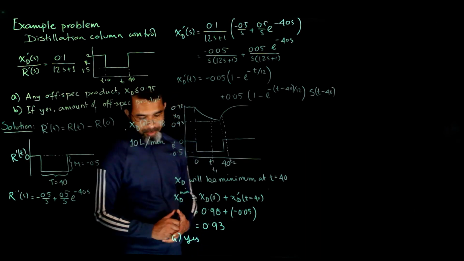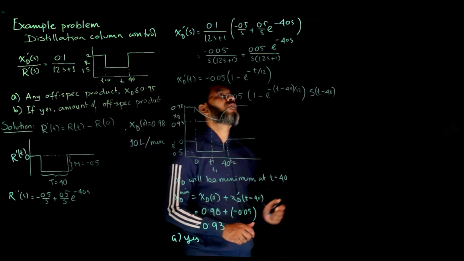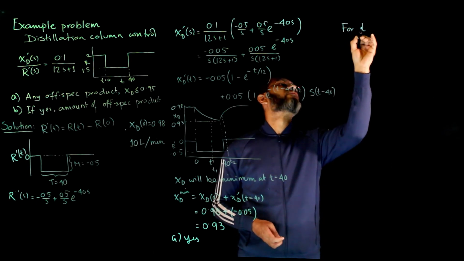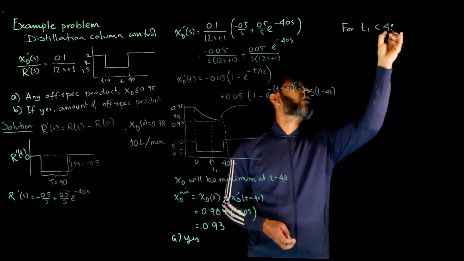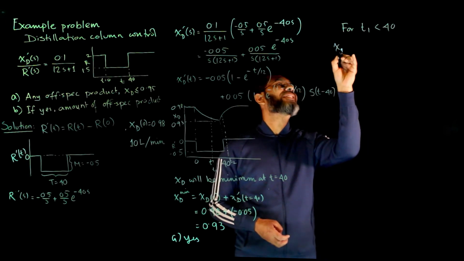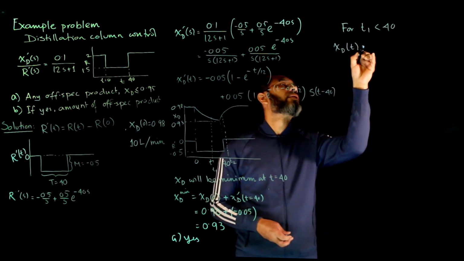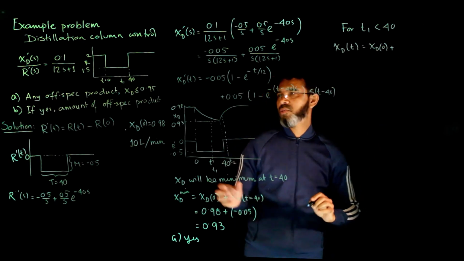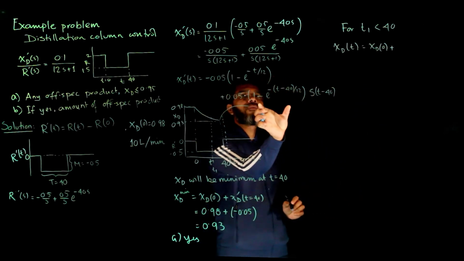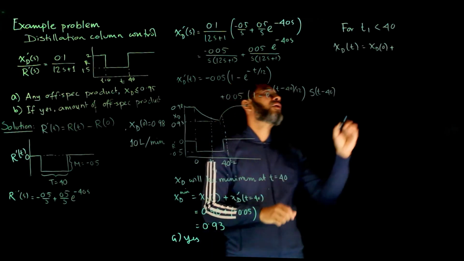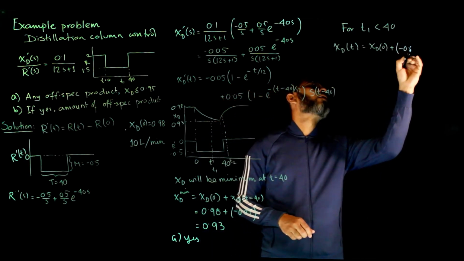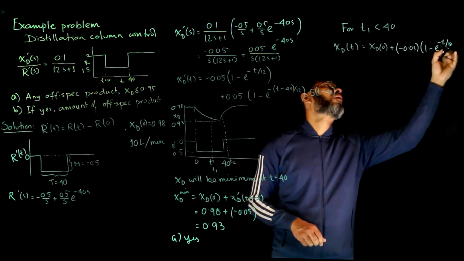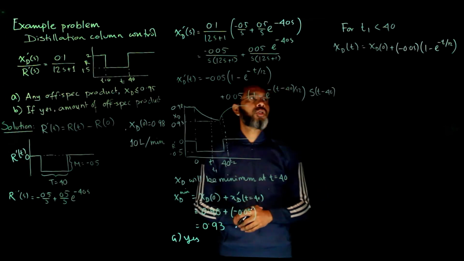So if you can find out these two times, you can figure out for how long the product will be off spec. Okay, so for t1, which is less than 40, we have xd plus only this part, because this part will not be valid for this case. So it will be t over 12.